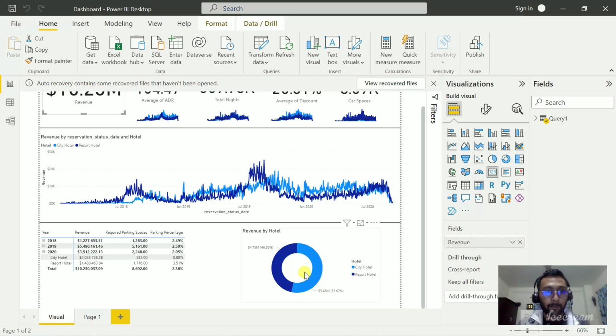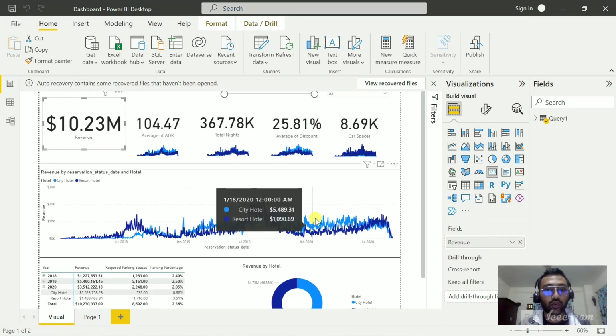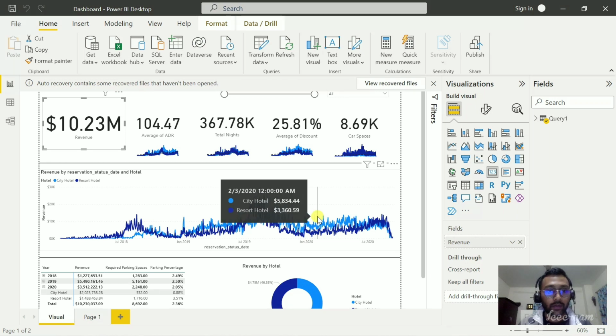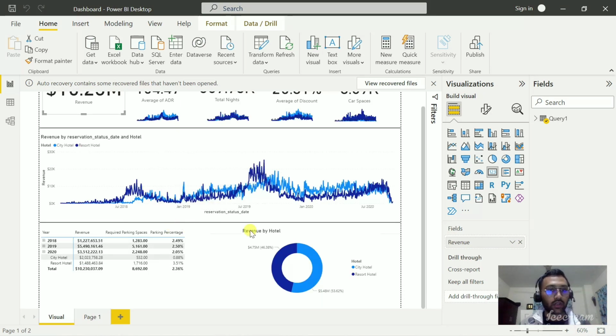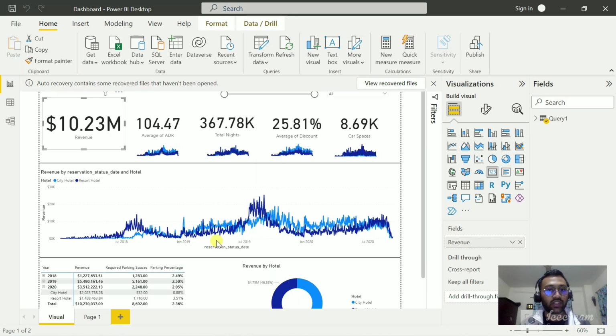So you can define which hotel type was contributing more to our total revenue.